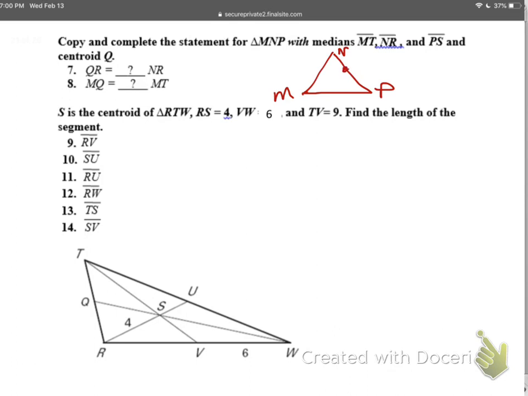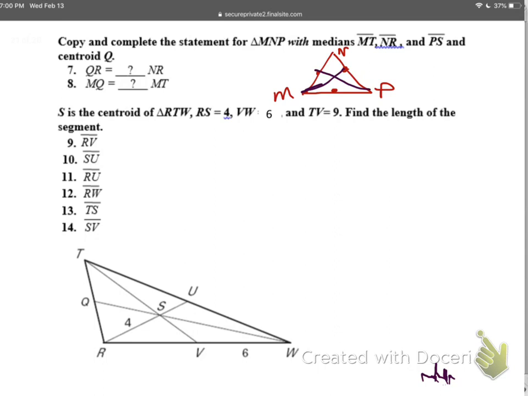So if I have a dot here, and a dot here, and one here, and then I change colors and I draw in some medians from here to here. You know what you're doing, going from vertex to the midpoint, vertex to the midpoint, vertex to the midpoint. They will all come together in the center.